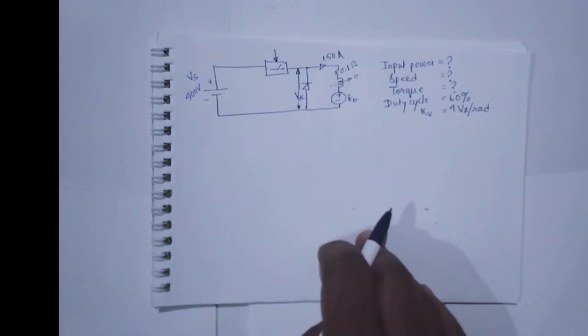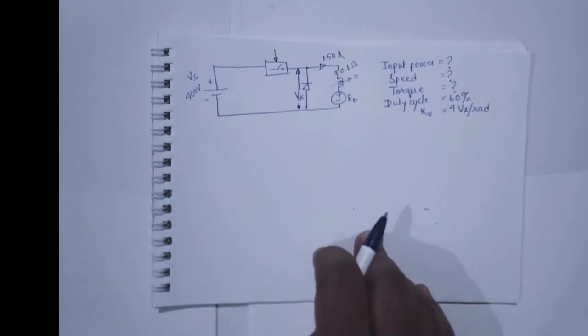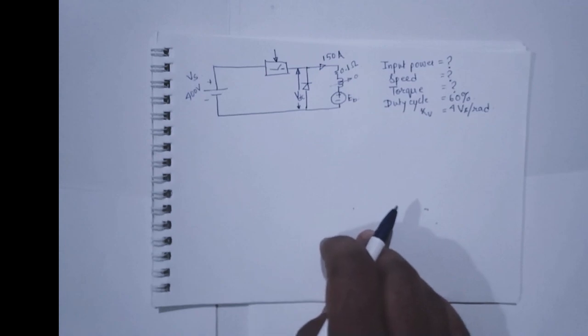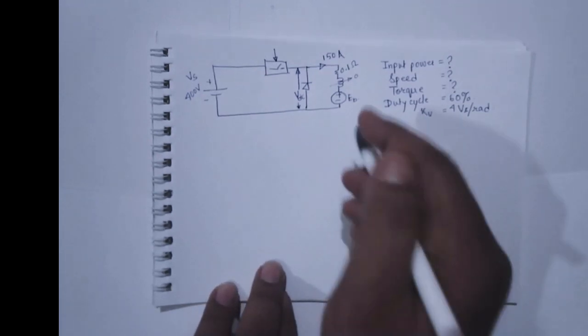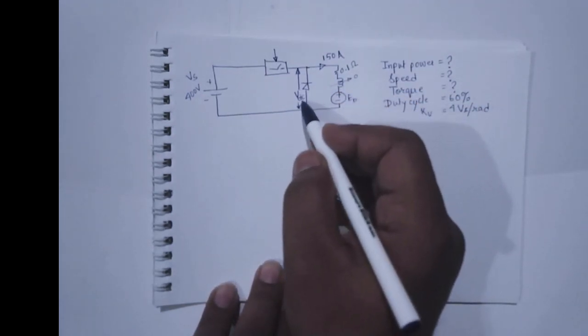Now we will solve this one by one. The first thing to note in this numerical is that the motor is connected with a buck chopper.